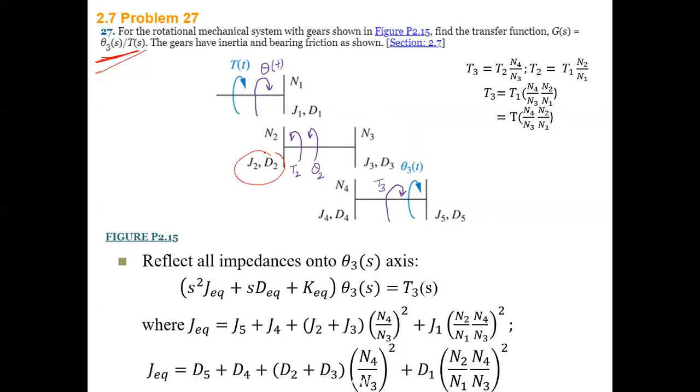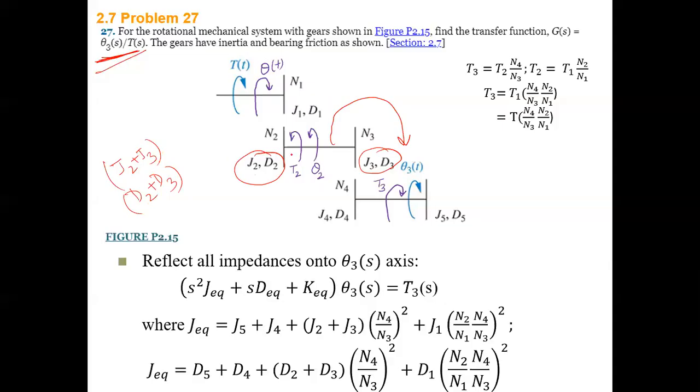These two and these two get transferred from here to here. So meaning J2 plus J3 get transferred, and D2 plus D3 will be reflected to the right.